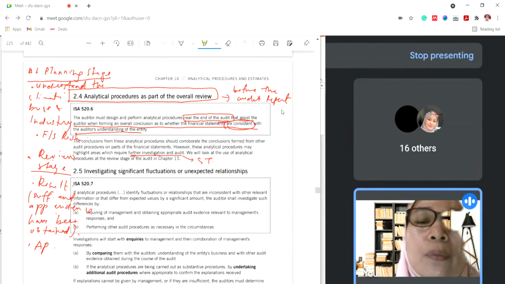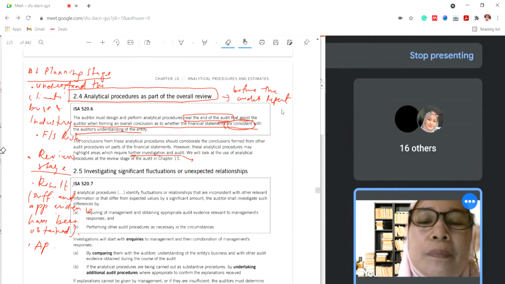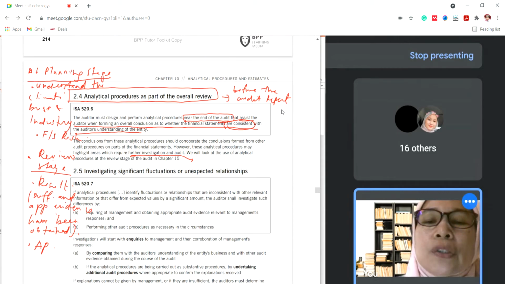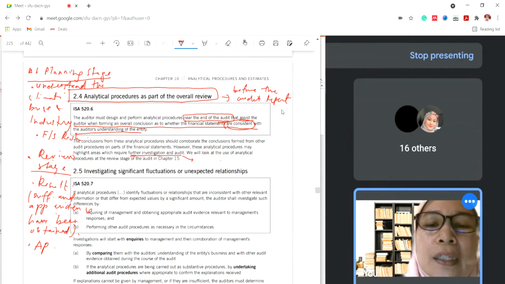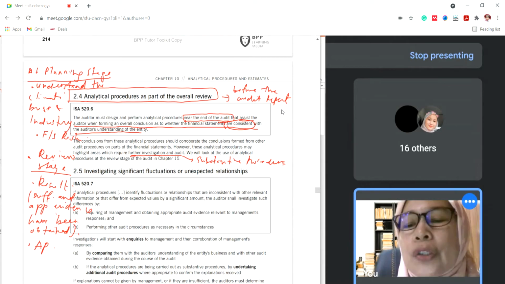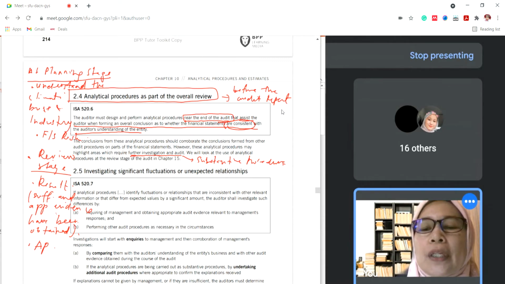If there are still differences in the result, you must perform the substantive procedures again until you get sufficient appropriate audit evidence.